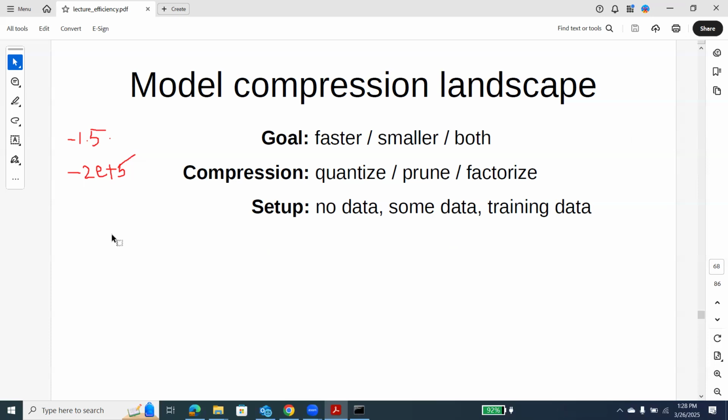So if you don't have training data, then you should use this NF4 quantization. Just a fixed mapping between floats and integers. But if you have training data, you can even train the model, quantize the model.